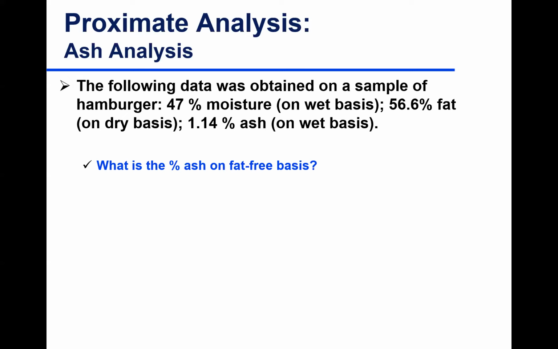So basically, what you do in this case, you already have the fat content is 30% on what basis? So 30% fat on what basis? So I have 1.14 grams of ash, and how much?